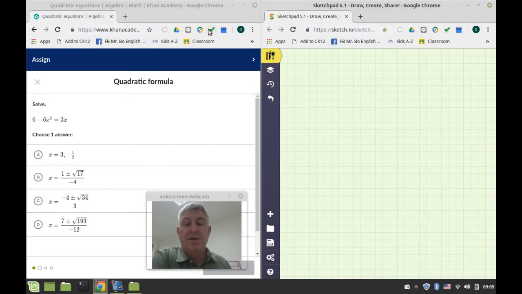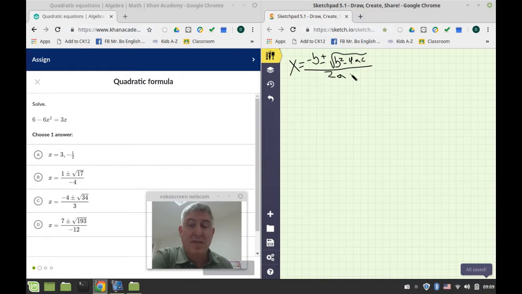All right, let's look at our next one. I'm going to write down my quadratic formula here. Negative b plus or minus the square root of b squared minus 4ac all over 2a. The equation they want me to solve is 6 minus 6x squared equals 3x.